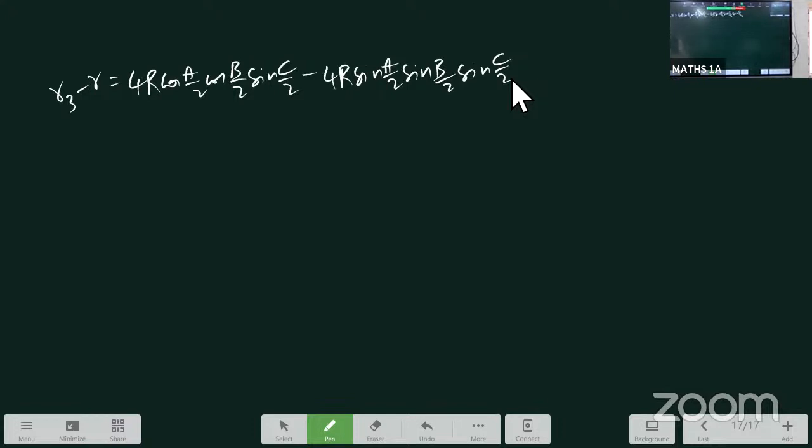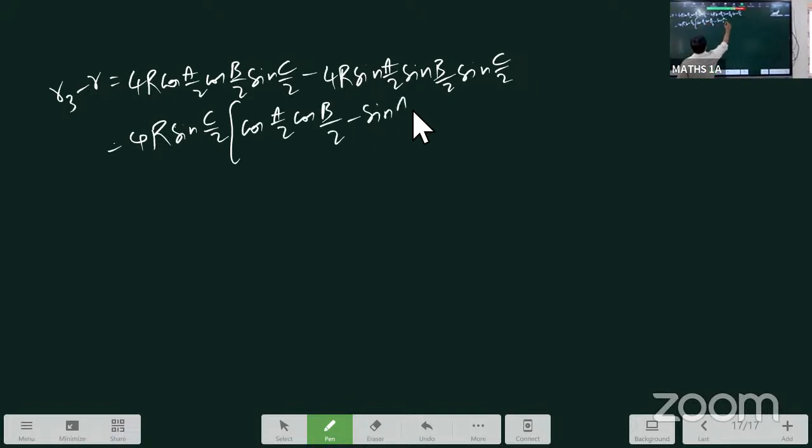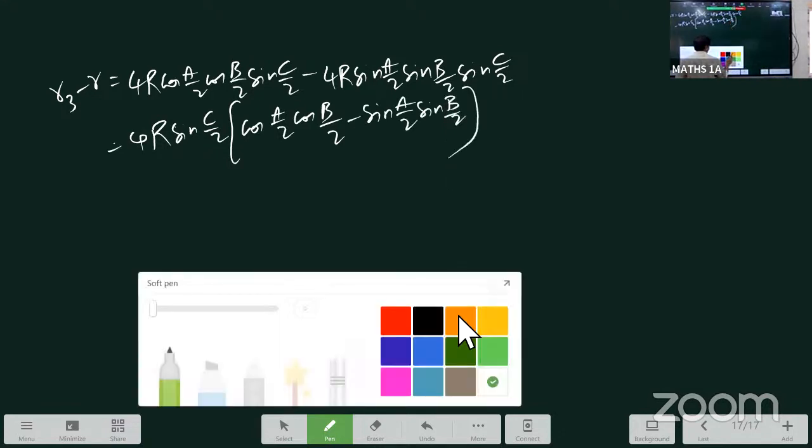Here I am going to take 4R sin C by 2 common, using the properties of triangle formulas. Then what is left out? Cos A by 2 cos B by 2 minus sin A by 2 sin B by 2. Is it clear? Right.